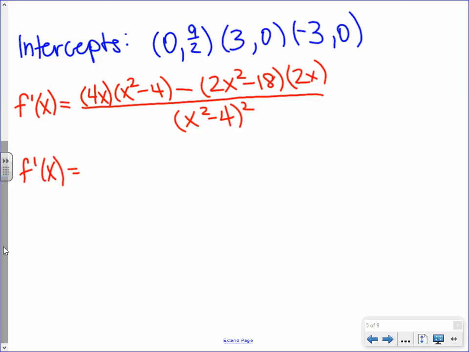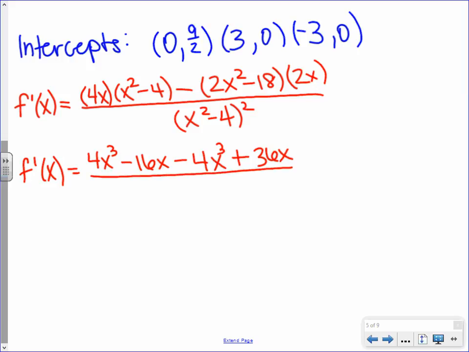So our numerator, we have 4x cubed minus 16x minus 4x cubed plus 36x. Are we okay with that? Okay. So we have these x cubed terms that cancel, right?